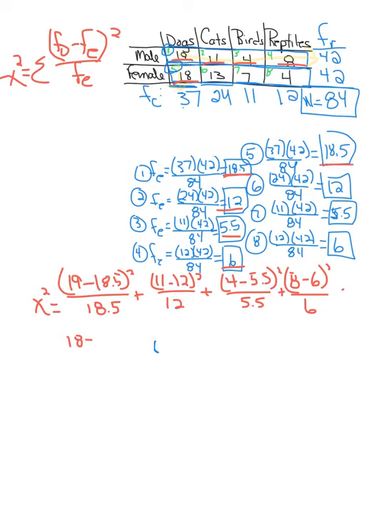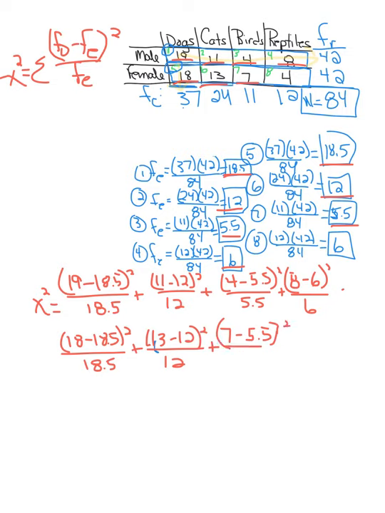The expected was 18.5, squared divided by 18.5, plus, now for cell 6, the observed was 13 and the expected was 12, squared, all divided by 12, plus an observed of 7 minus the expected of 5.5, squared divided by 5.5, plus cell 8, the observed is 4 minus the expected was 6, squared divided by 6.